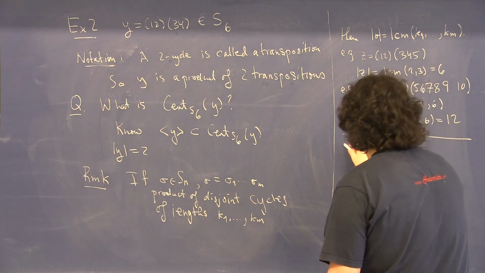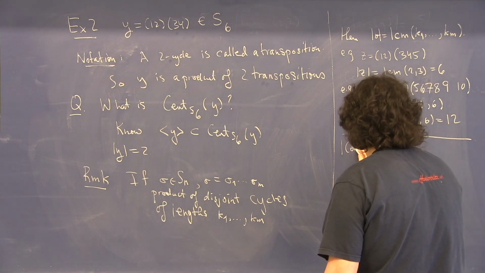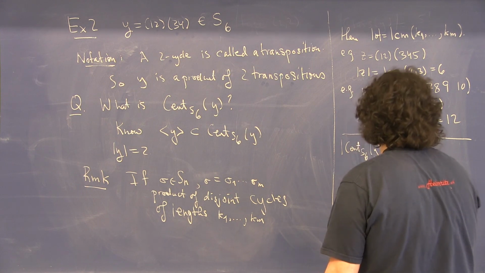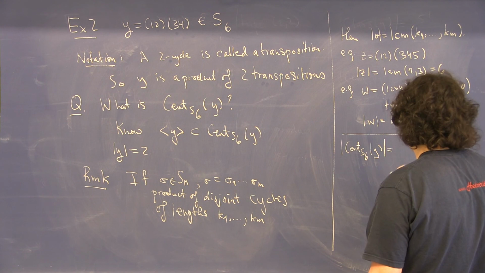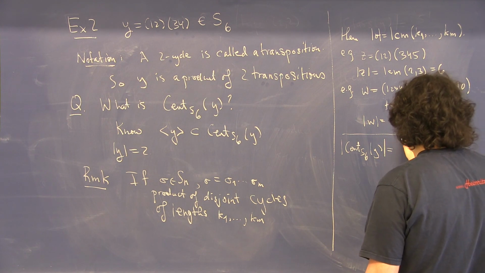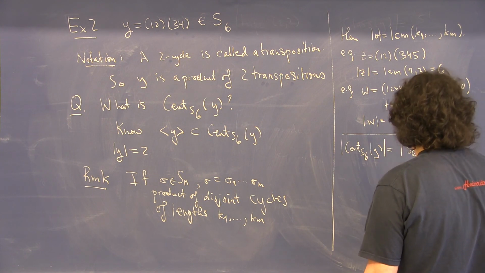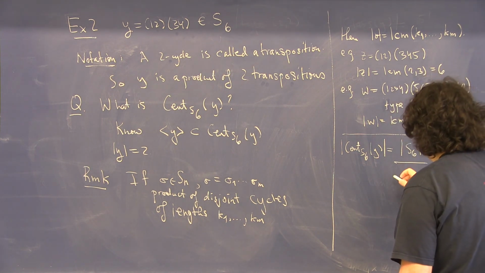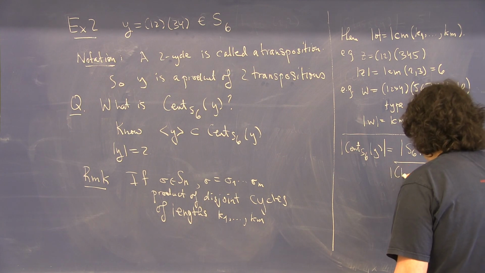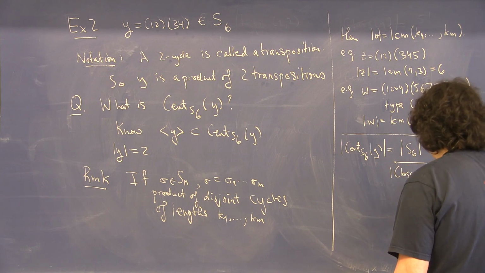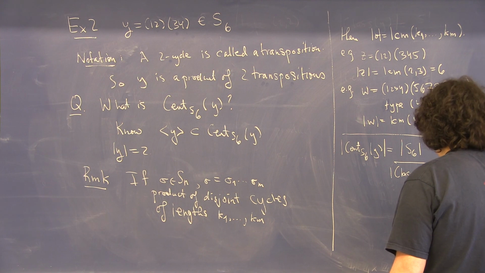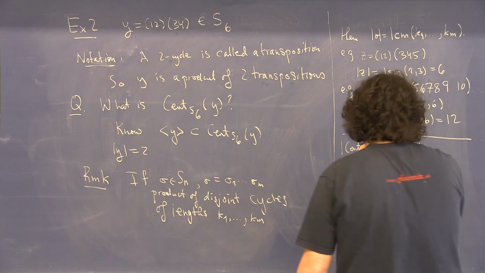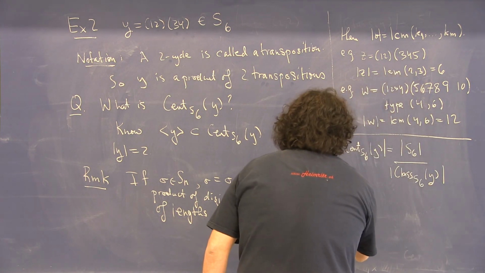So the order of the centralizer in S6 of y is equal to, by orbit stabilizer, the size of S6 divided by the size of the class in S6 of y. Okay, now what's the size of the class?